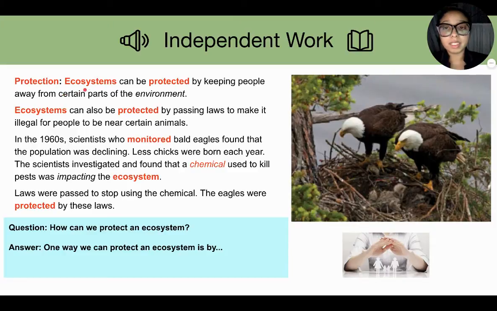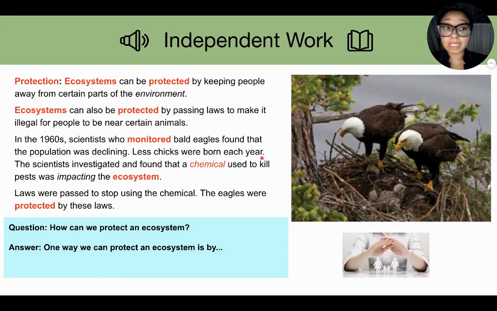Protection. Ecosystems can be protected by keeping people away from certain parts of the environment. Ecosystems can be protected by passing laws to make it illegal for people to be near certain animals. In the 1960s, scientists who monitored bald eagles found that the population was declining.